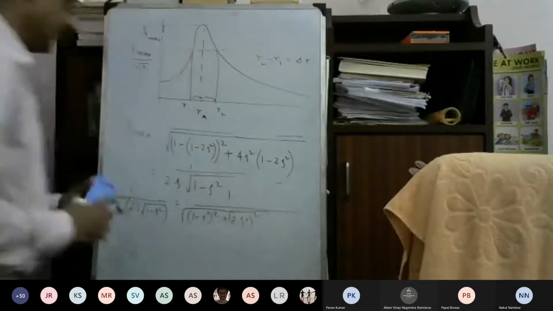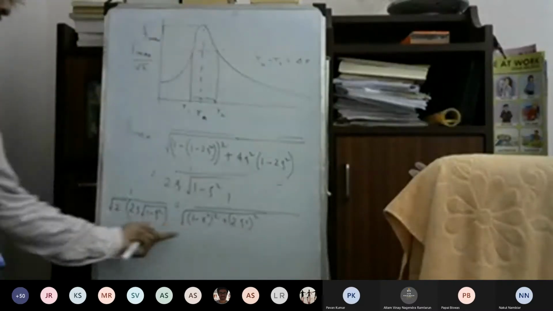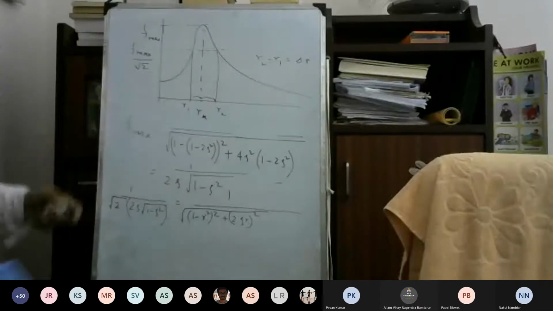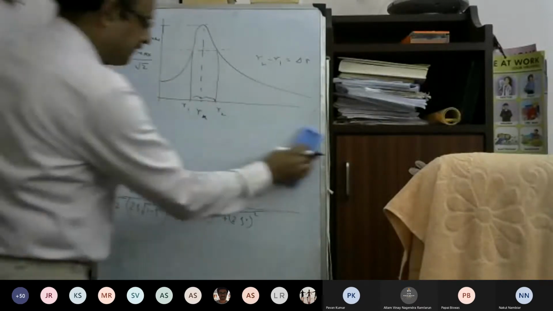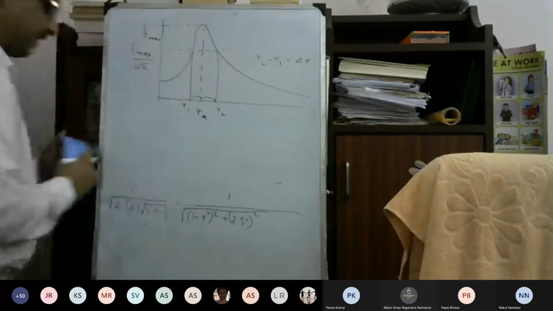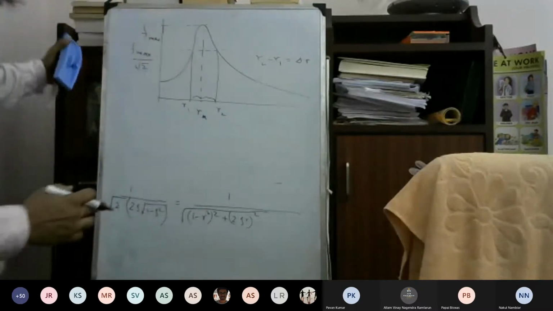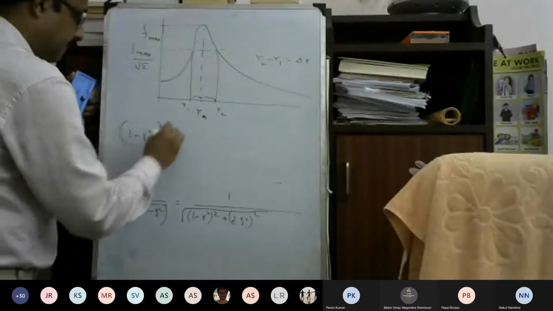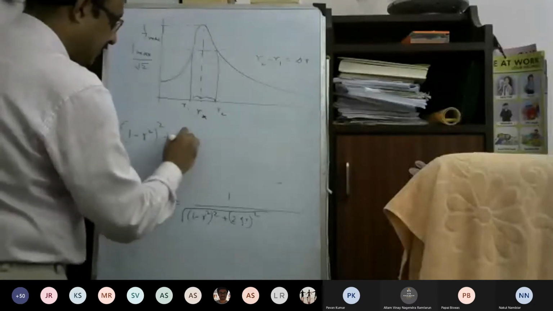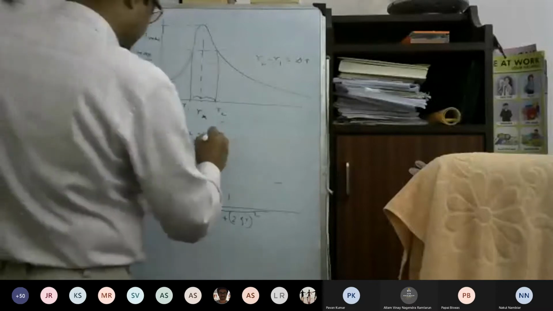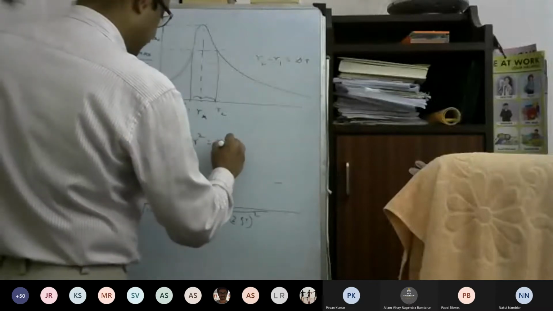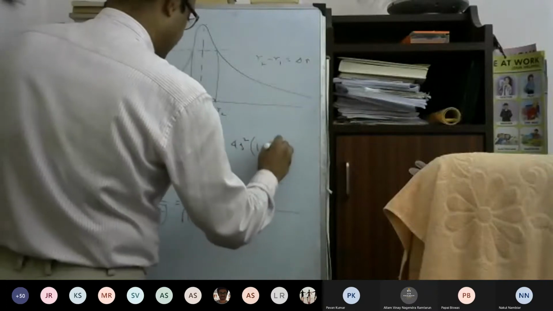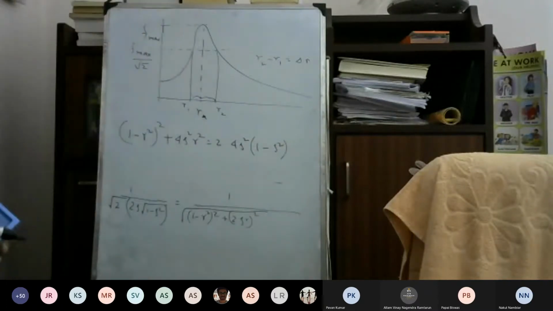I want to first get the roots of this equation and find the difference between these two roots. This task is a kind of algebra which I would suggest you should better do yourself. I'm just giving you an introduction to this. So 4 zeta square r square, this is equal to 2 times 4 zeta square 1 minus zeta square.